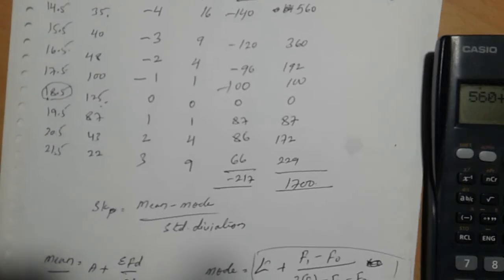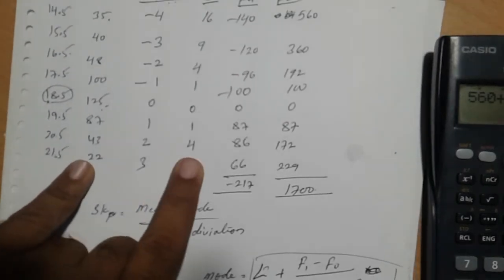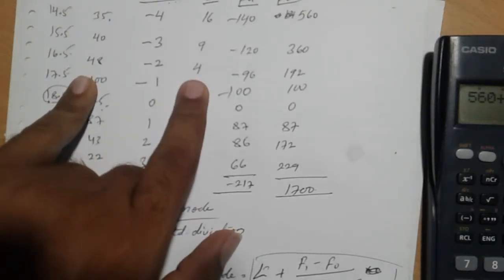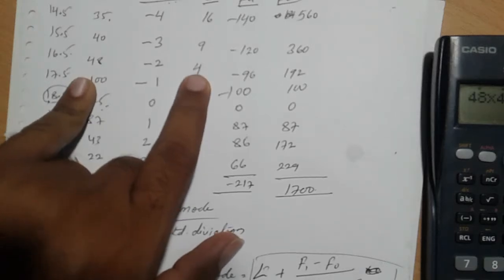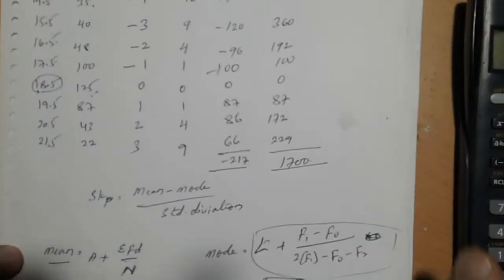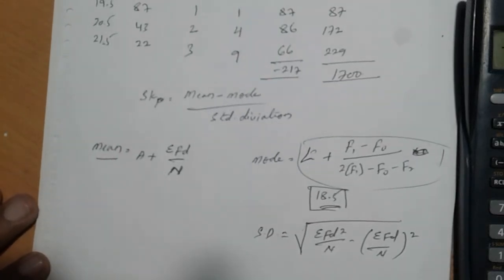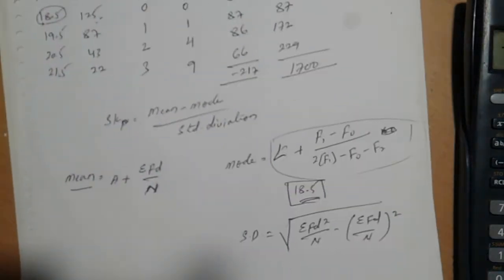Now let's calculate the formula. Let's calculate the mean first. We have assumed here 18.5.